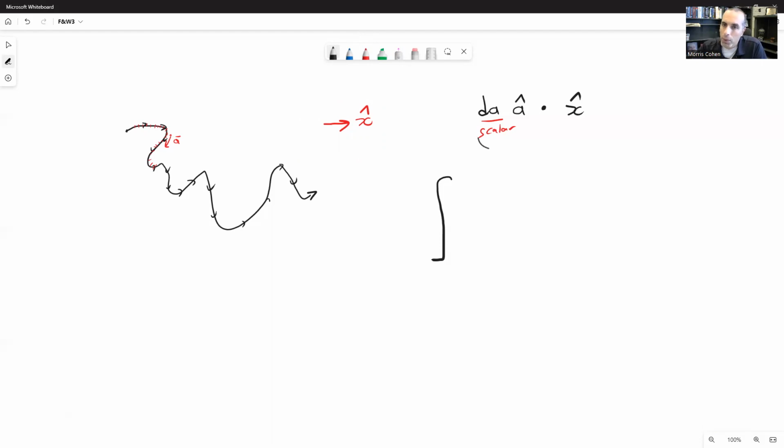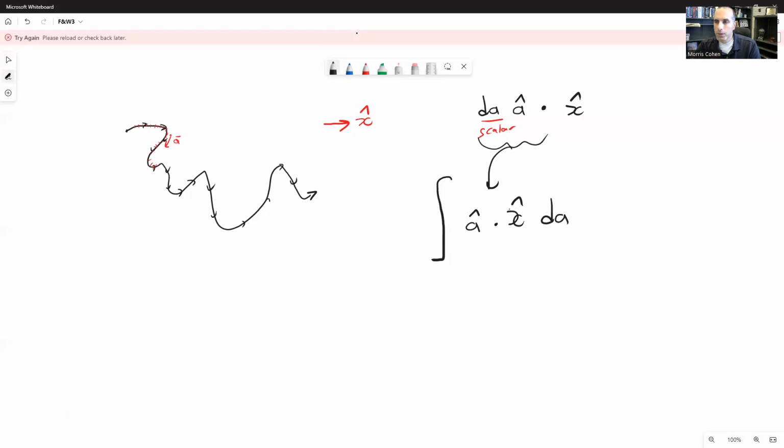Then we place that into the integral. So this will be A hat dot x hat dA. The order of this doesn't matter; the dA can go on either side, since this is a dot product.